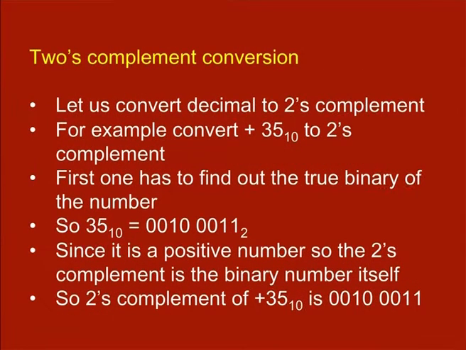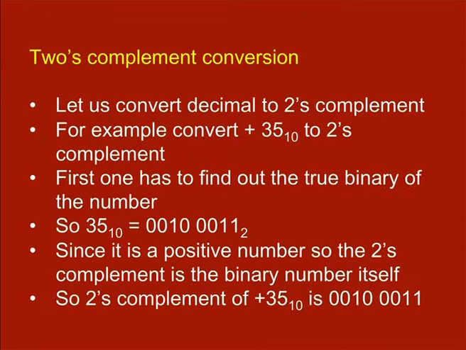Now, let us try to understand the conversion process in 2's complement representation. Let us convert decimal to 2's complement. We can understand this by considering the following example: if we want to convert 35 to 2's complement, then we can follow the steps given below. First, one has to find out the true binary of the number.